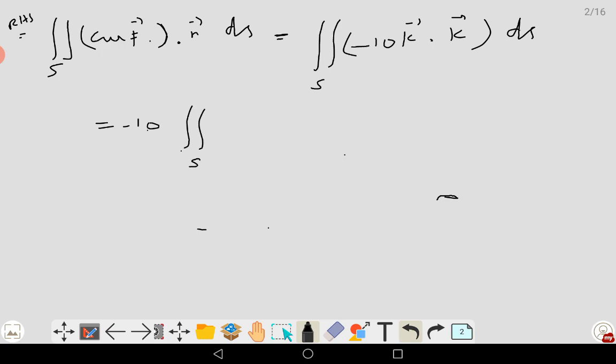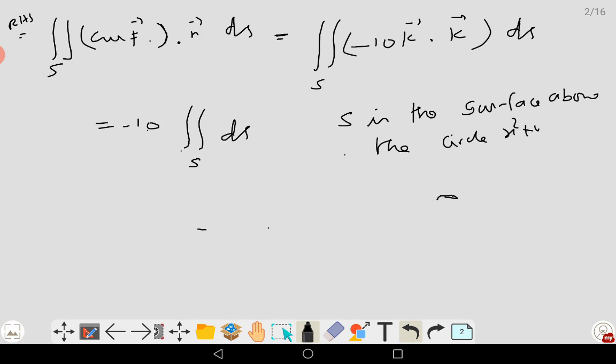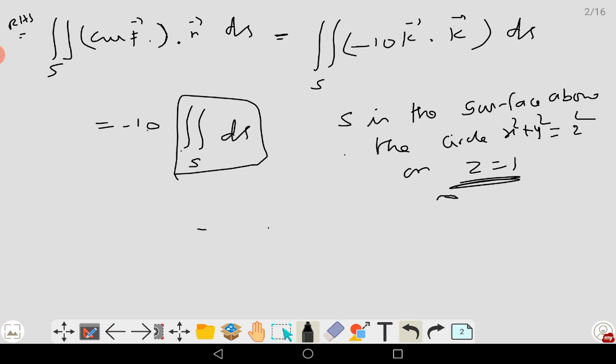Double integral over S dS, where S is the surface of the plane inside the cylinder, that is, the surface above the circle x square plus y square is equal to 2 square on z is equal to 1. So when you integrate double dS, it will be the area of the circle.